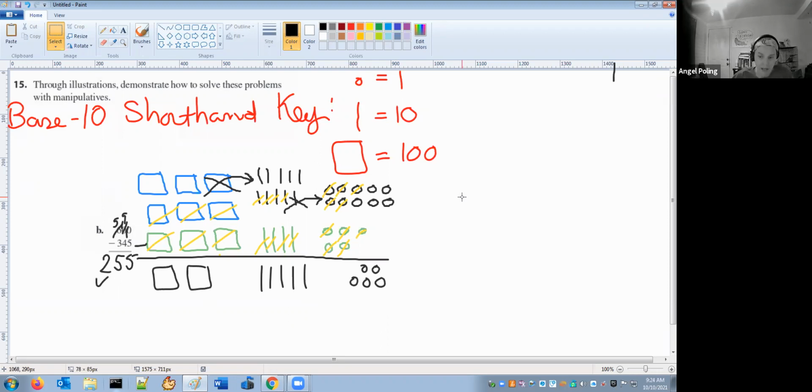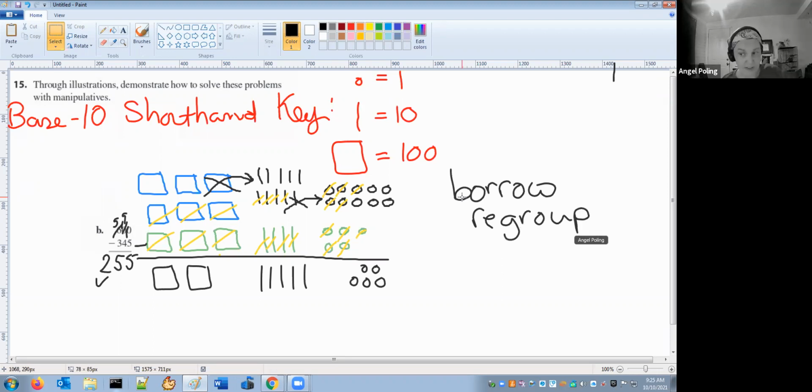I used the black ink to indicate when I was borrowing and regrouping, and that's part of our vocab there, to borrow and regroup. So we borrowed and regrouped using the black ink, and we actually did the takeaway using the yellow.